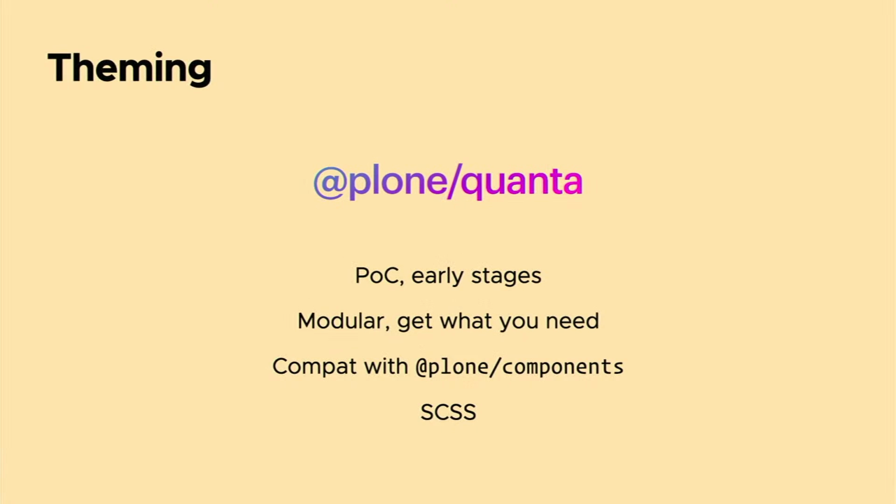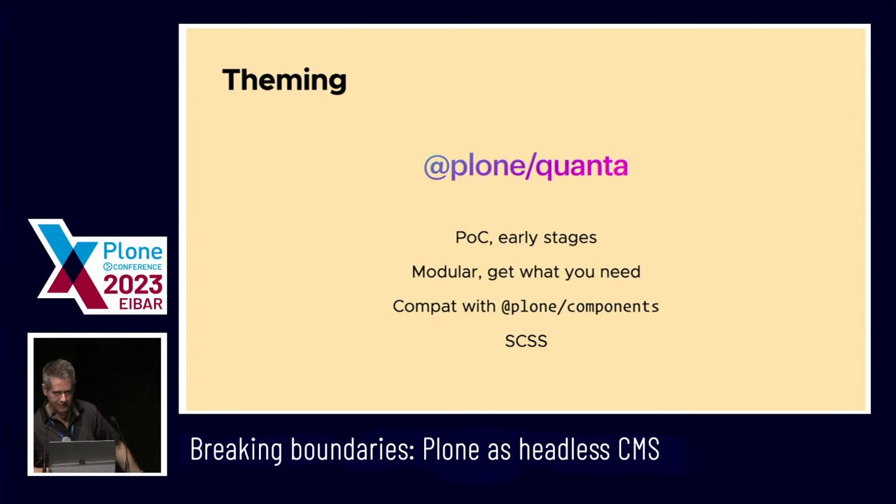Yet another piece, and the last piece, is theming, right? We want to change the theming architecture since a long time ago because of what I said before. Semantic UI, you have to abide with it. We have to cope with it, and we have to use it.